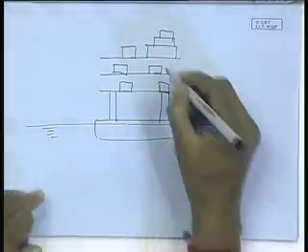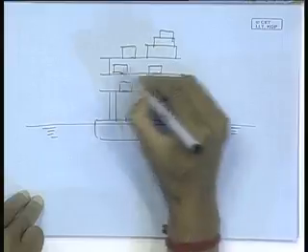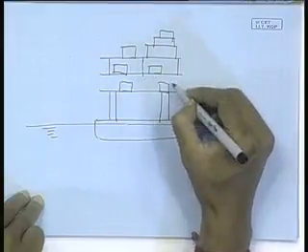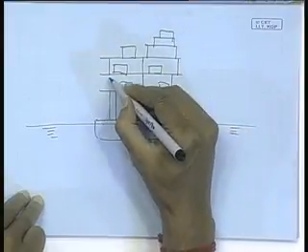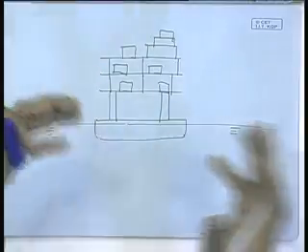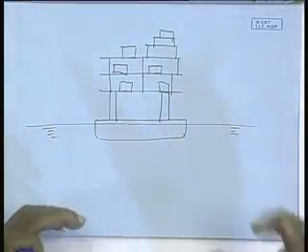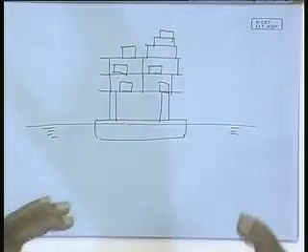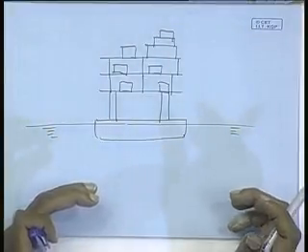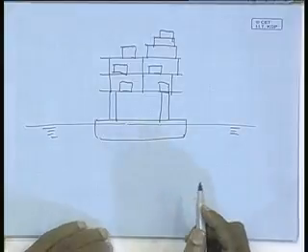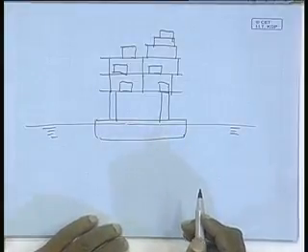Now what happens if it remains just like this? Then obviously it will keep on drifting in the sea, which you cannot have. You will have to have one particular location where it is located, right? So that is what is done by the tension legs.